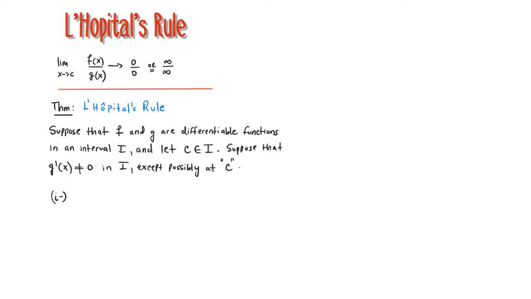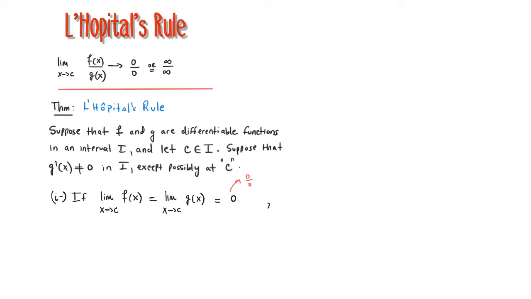Number one, let's say the limit as x approaches c of the numerator is equal to the limit as x approaches c of the denominator, and these two limits are equal to 0. This is exactly what generates the indeterminate form 0 over 0.